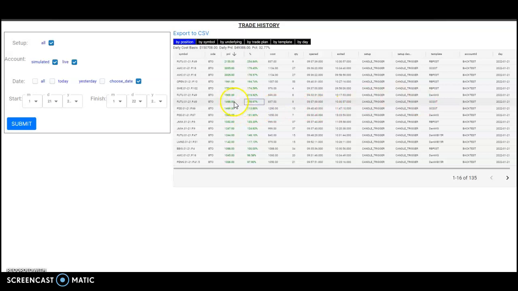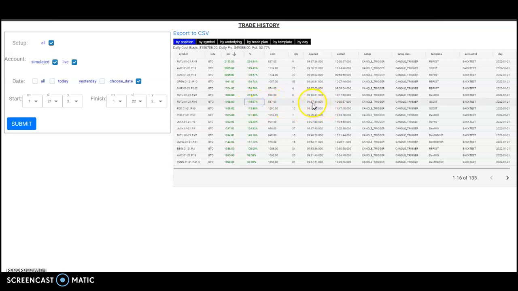So the percent is sizable. Result. That's with partials. So the option probably did go to 300%.